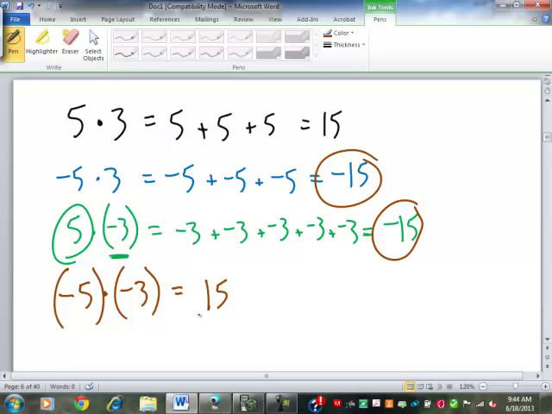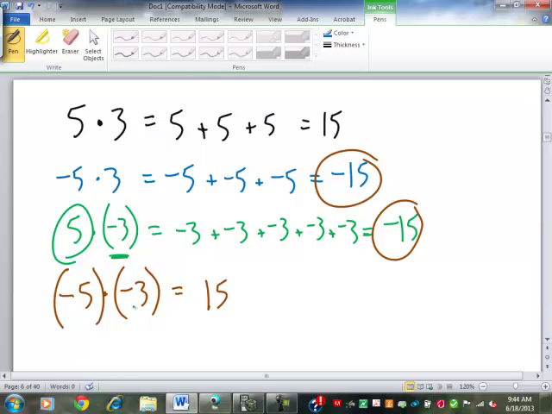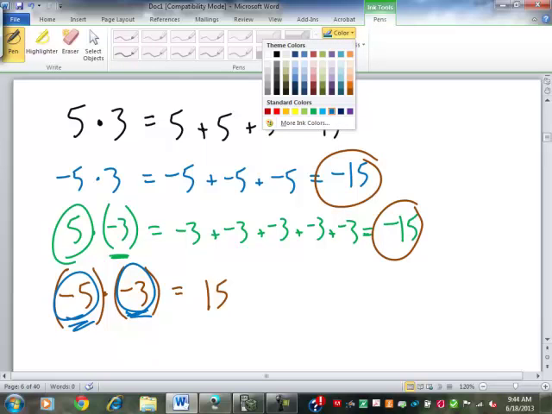But most of us have never been shown why. Mainly because when we look at that, it really doesn't make sense. How can I add negative 5 to itself negative 3 times? I can't. And I can't switch them around either. I can't take negative 3 and add it to itself negative 5 times. That doesn't work either.